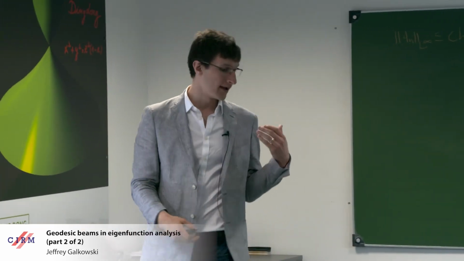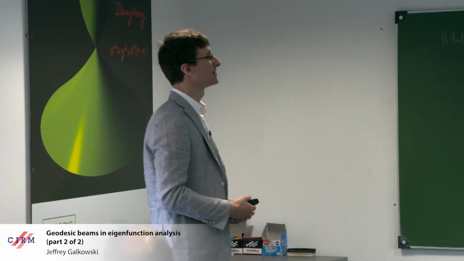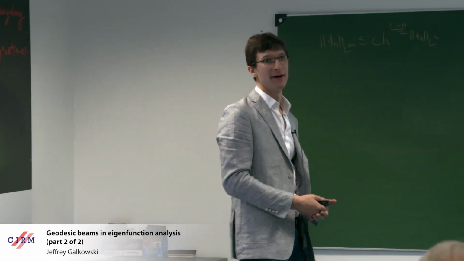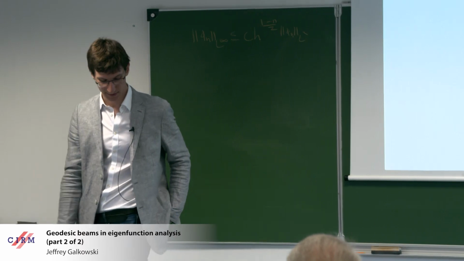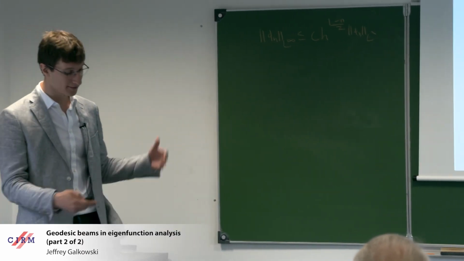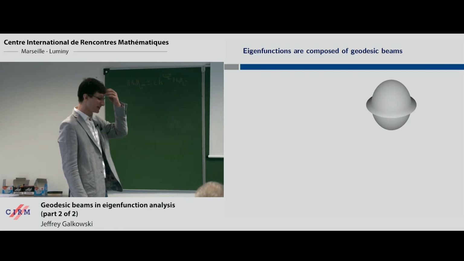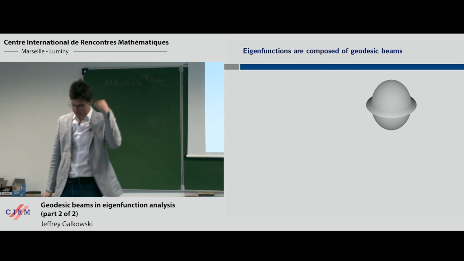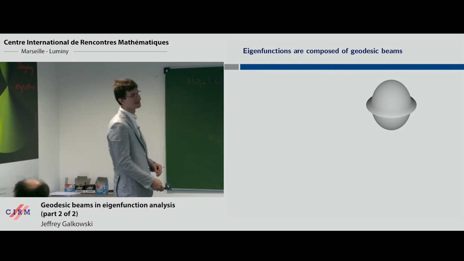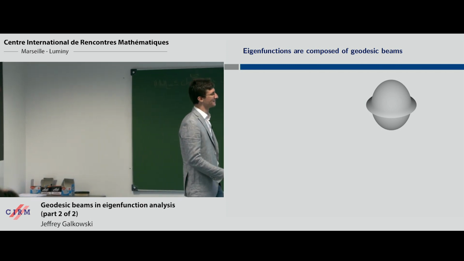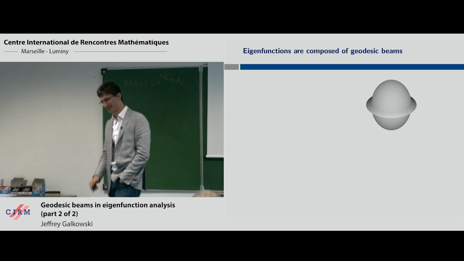Everybody who's in the business believes that it looks like a zonal harmonic. And I'm going to remind you again about this idea that eigenfunctions should decompose into geodesic beams, and Steve is already giving me the stink eye about our terminology, but that's the way it goes.